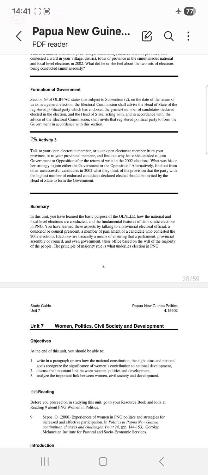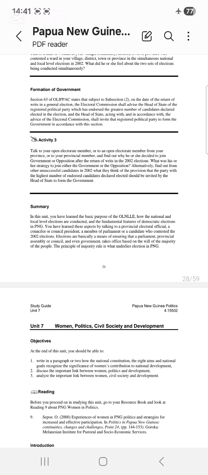But here, let's see, Section 63 of the OLIPEC states that subject to subsection 2, on the date of the return of the writs in a general election, the Electoral Commission shall advise the head of state of the registered political party which has endorsed the greatest number of candidates declared elected in the election.